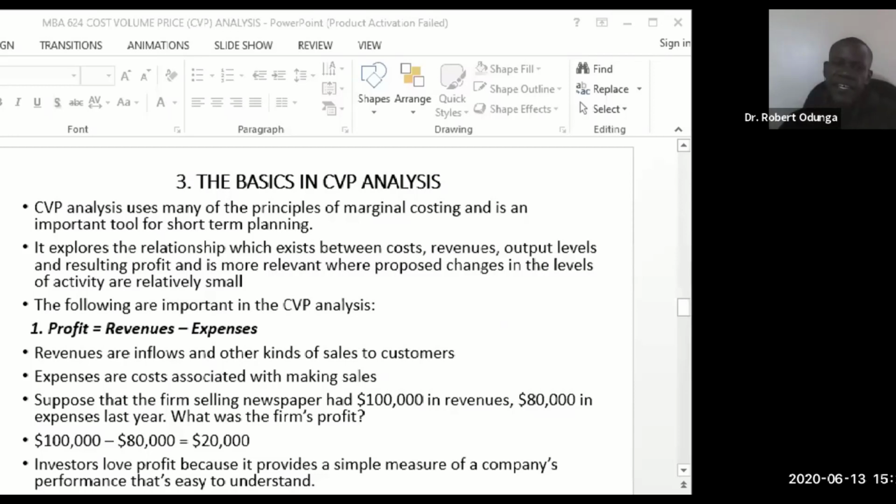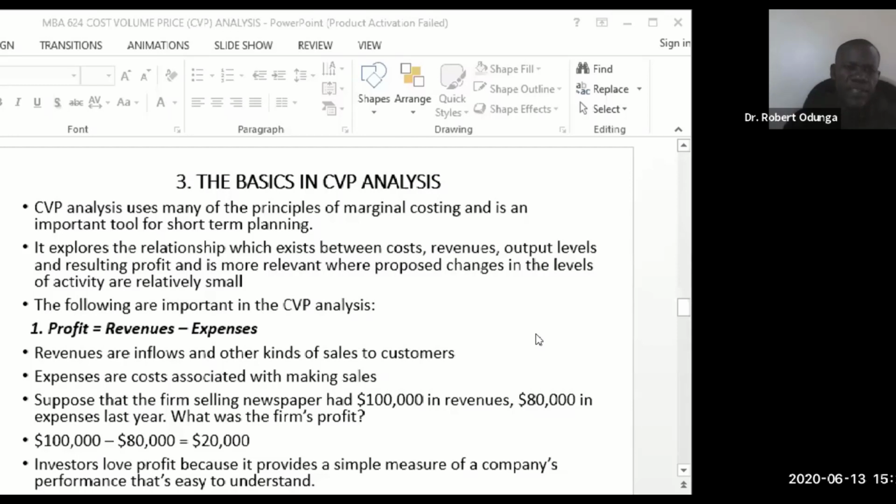And these formulas will help us apply the CVP analysis model and be able to come up with decisions according to what we are getting out of these formulas. Now, as we see, the model itself is cost volume profit analysis.